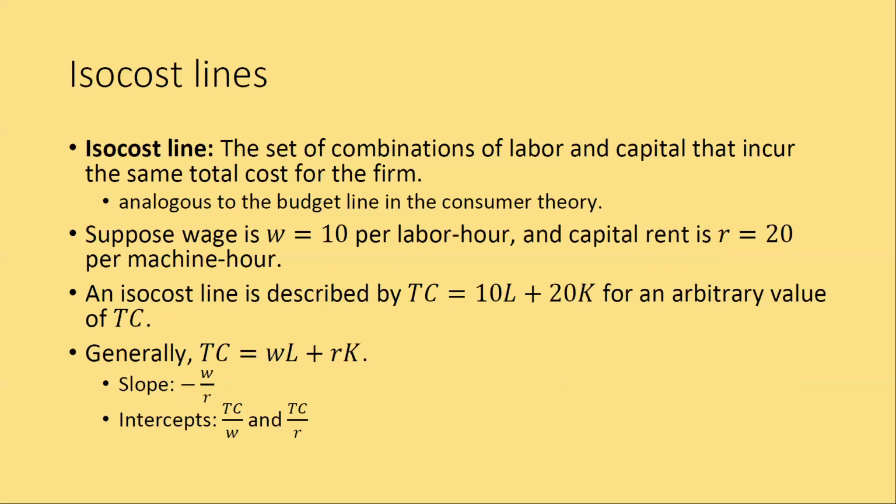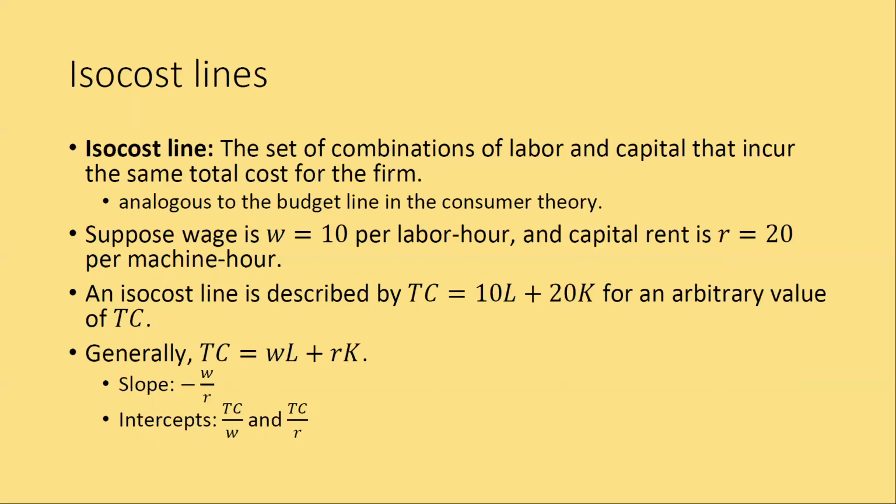Then we can write our iso-cost line as TC equals 10 times L plus 20 times K, right? So 10 times L is the total amount of cost the firm would have to pay for labor if the firm hires L units of labor. And 20 times K is the total cost the firm has to pay for capital if the firm hires K units of capital.